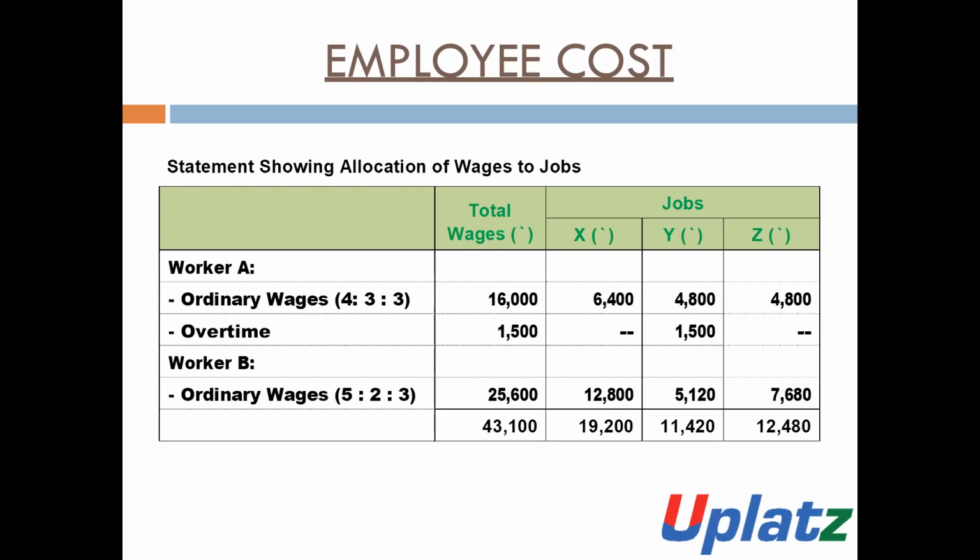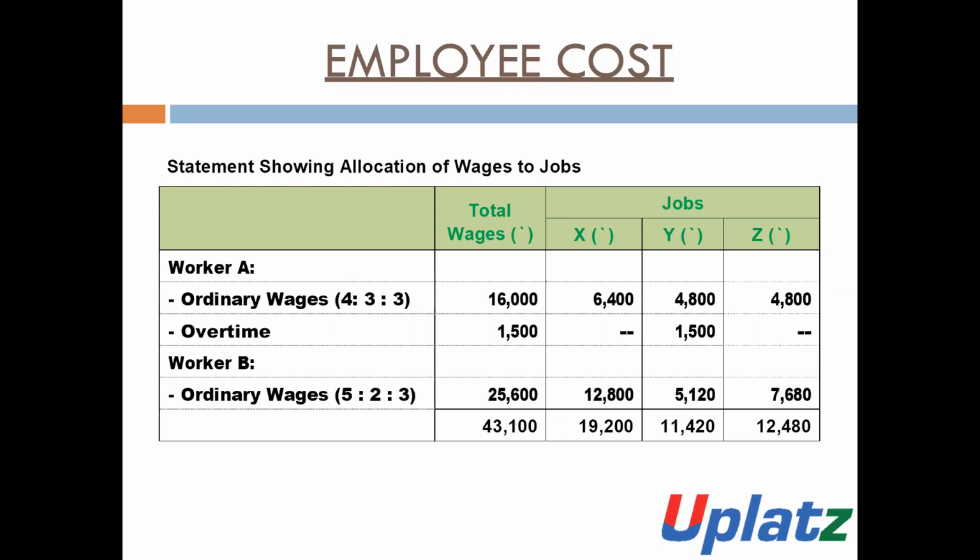Now we will show the statement of allocation of wages to jobs X, Y, and Z. Ordinary wages ratio is 4 is to 3 is to 3 in the case of worker A, because Mr. A is involved 40% in X, 30% in Y, and 30% in Z. Then total wages of Mr. A is 16,000 and the overtime is 1,500.